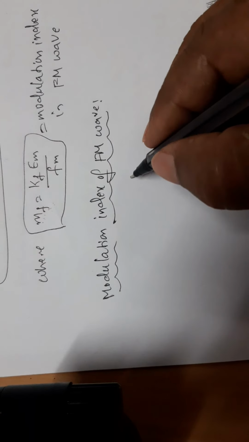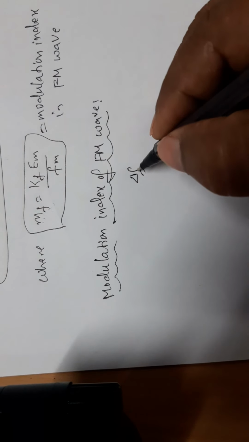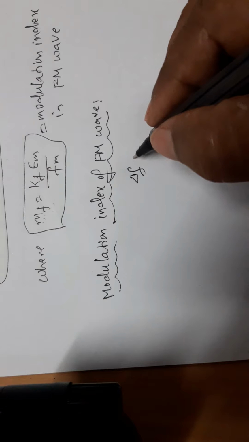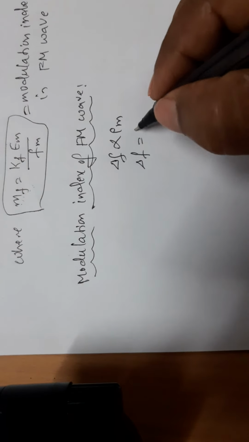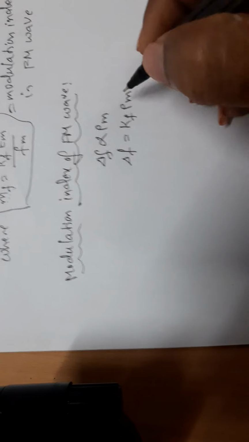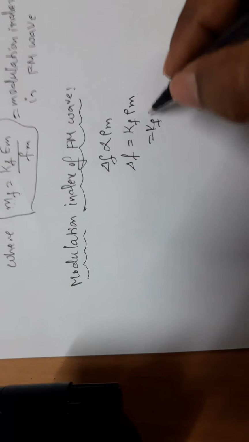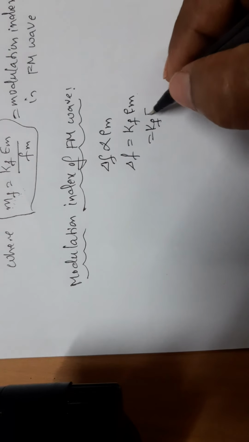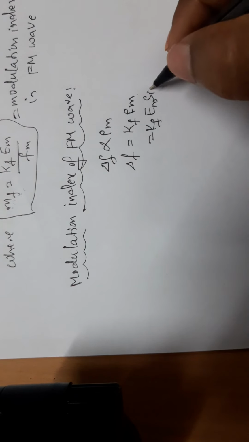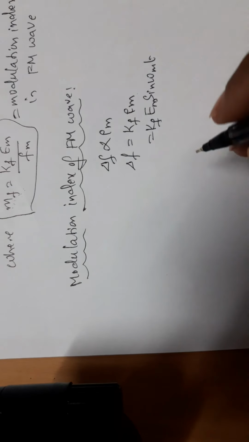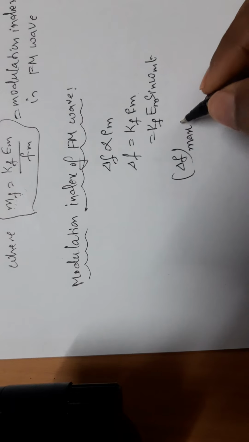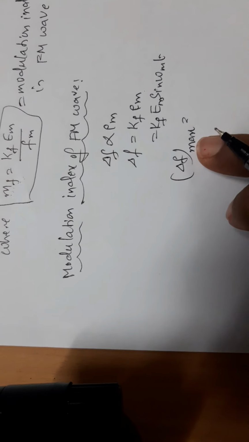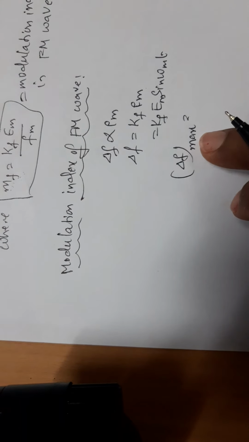We know that delta F is the carrier deviation, which is directly proportional to EM. So delta F is equal to KF into EM, where the modulating voltage is given by capital EM into sine of omega mt. What is delta F maximum? The maximum carrier deviation occurs at the maximum amplitude of the message signal.